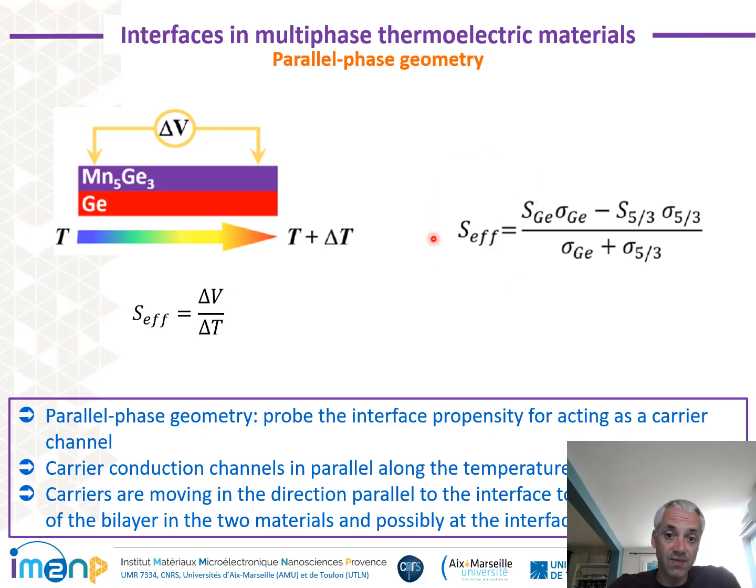And the effective Seebeck coefficient can be written this way if the interface has no effect, which means that the interface does not play the role of a channel to transport the carriers.